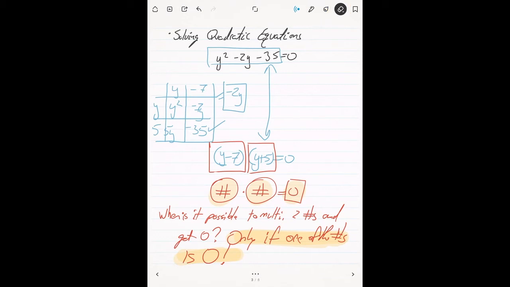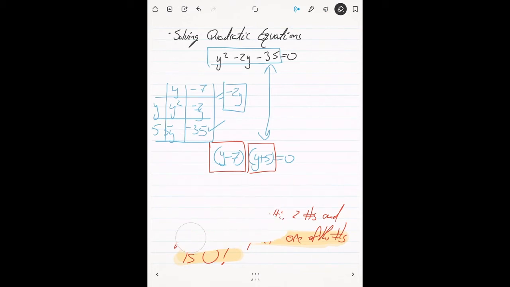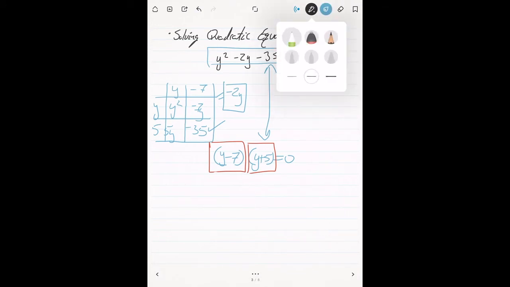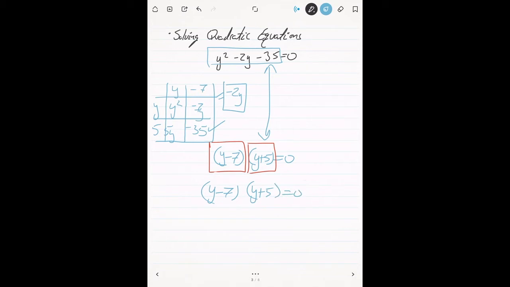So let's clear some space and let's try to think how we can use this idea to solve the problem. Remember, we have the factored down version of this. So we are going to say y minus 7 times y plus 5 equals 0. And we just said the only way that this could work is if either one of these are 0.